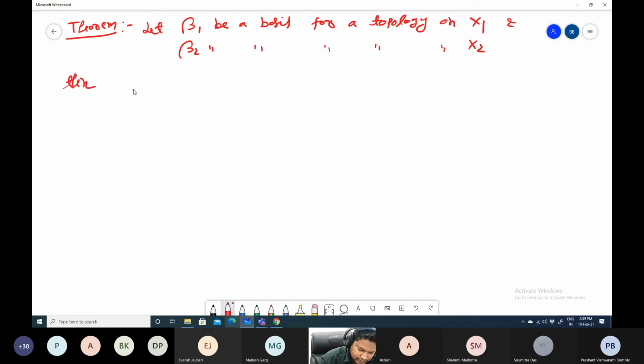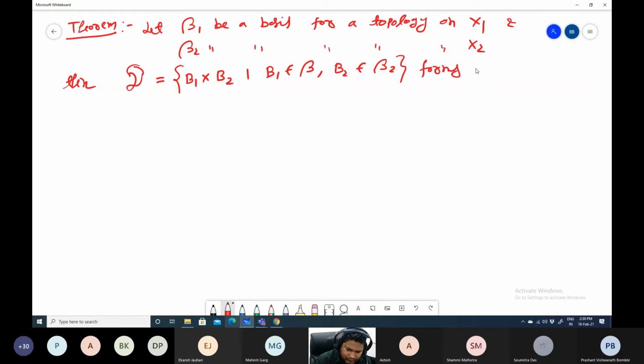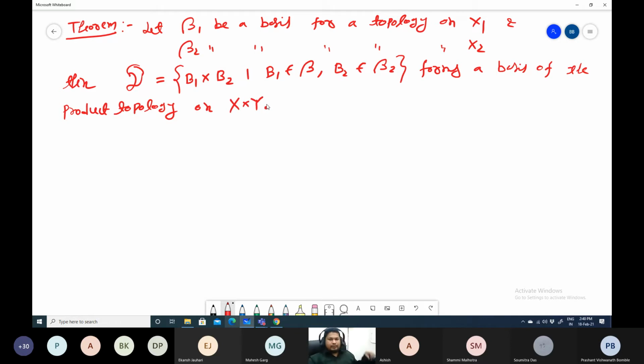Then that collection, we can write a different name, say D, all the B1 cross B2, forms a basis of the product topology on X cross Y. Right?